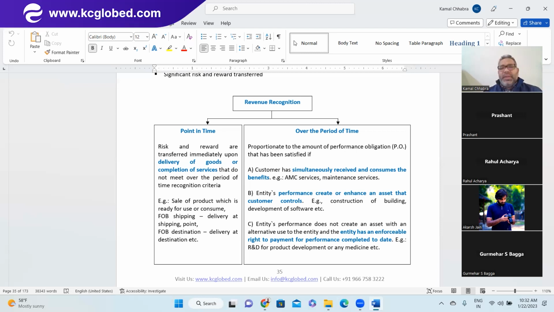Warranty is for a period, and neither you know what the fault may be, nor does the seller know at the time of selling what the fault or the cost may be. So these are examples where you are consuming the services over the period of time.